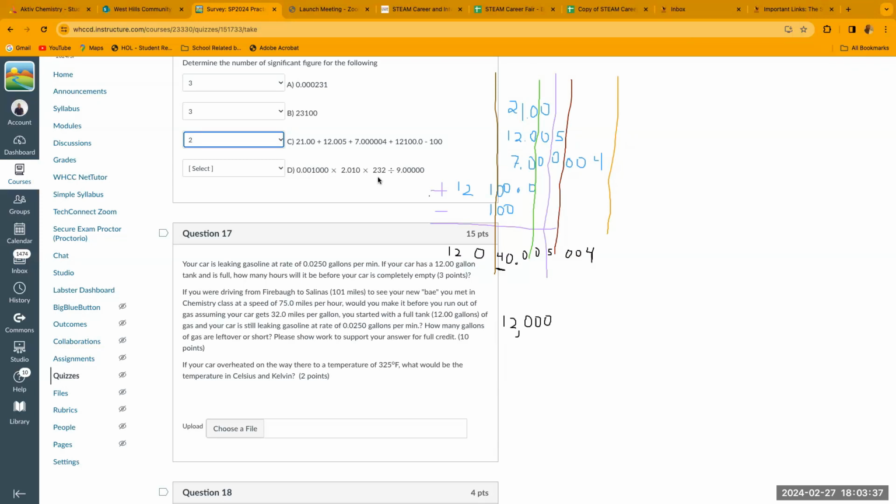And then we'll determine the number of sig figs. Okay, so we should have 3 significant figures. I guess we didn't have to do the math to figure it out.